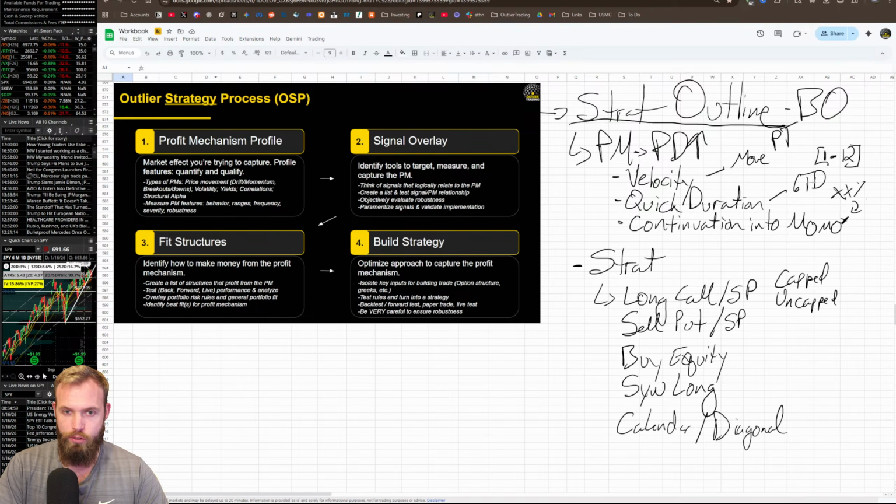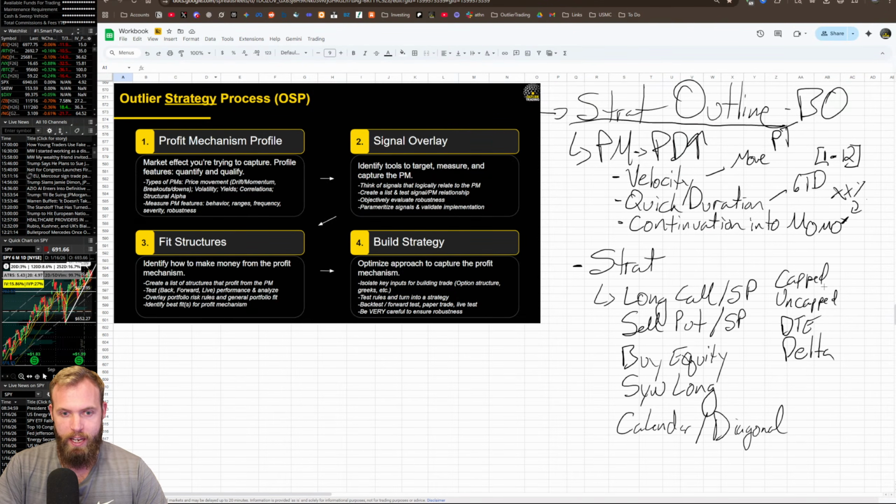If I know the durations of this thing and I have an expectation of duration, I now know what DTE I'm going to pick. Based on the size of the move and the duration combined, I now have some ideas in terms of what delta for an option would make the most sense.